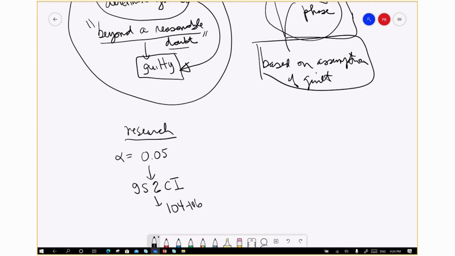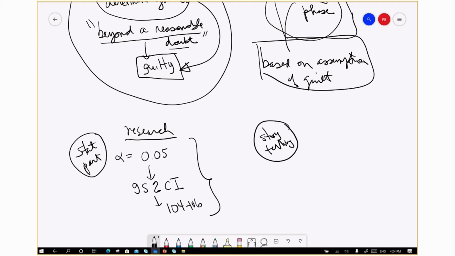And so in terms of your research, in terms of your thesis, there's the statistical part, sort of analogous to the determination of guilt, and then the next part is the storytelling part, where you try to make sense of all your results. And when you enter the storytelling part, having gone through this process of determining a 95% confidence interval, a process that we're pretty darn sure most of the time is going to give us an interval that actually does straddle the true mean, then you get to tell your story assuming that 104 to 116 actually does straddle the true mean.